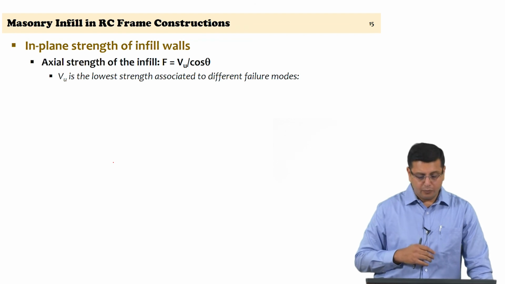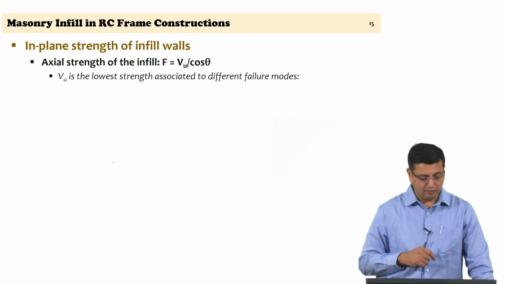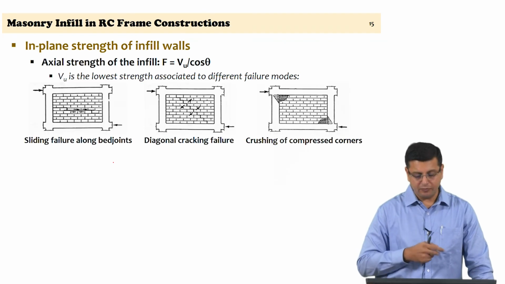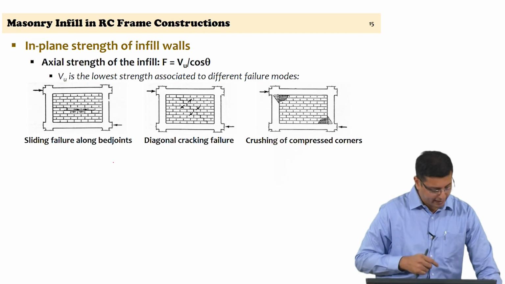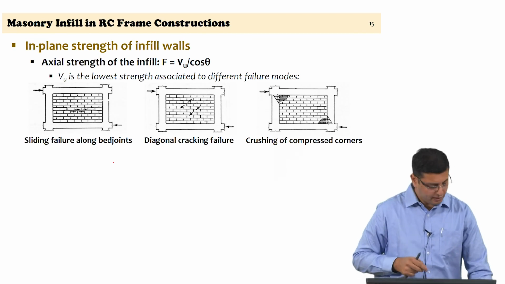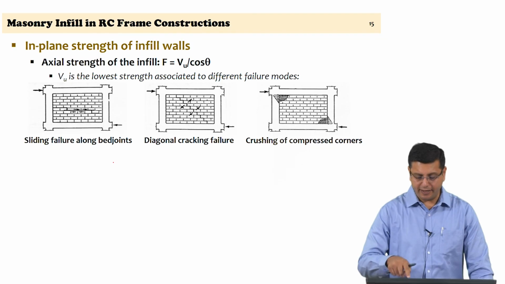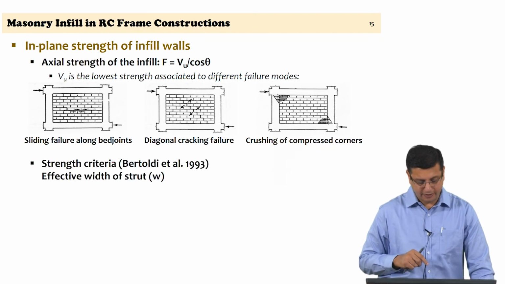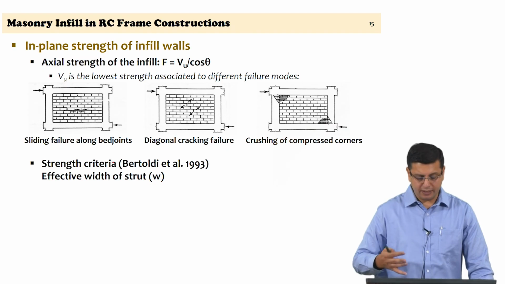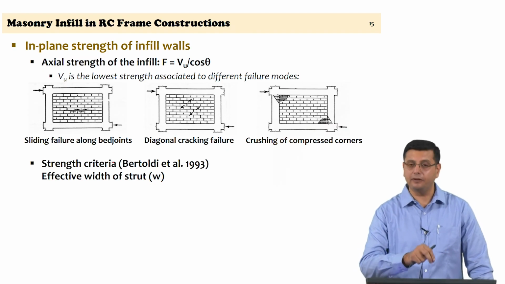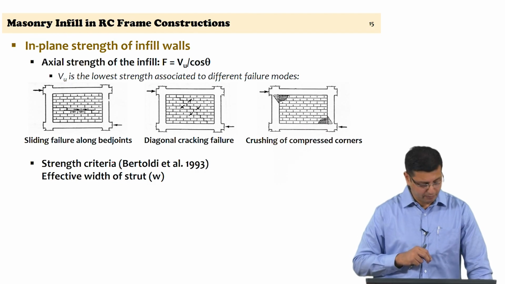Now, Vu is the ultimate shear force in the panel, which is then associated with the failure mechanism. It could be sliding shear failure, it could be diagonal cracking failure, or it could be a flexural failure mechanism with the ends failing in masonry compression. Again, there are different formulations available to arrive at the in plane strength of the infill panel.